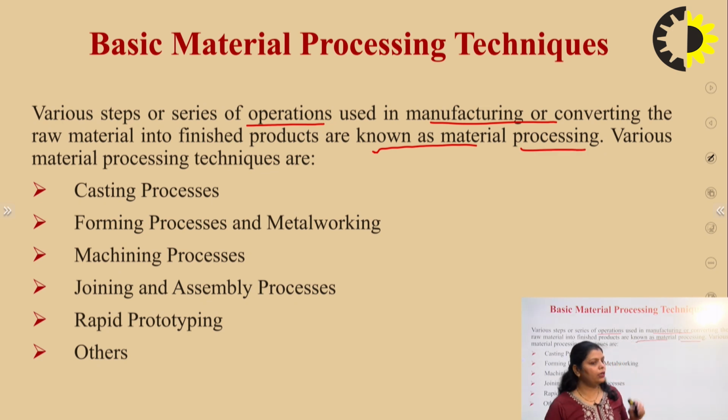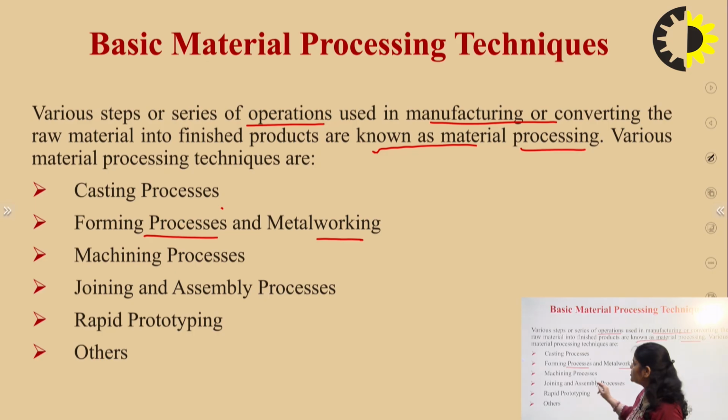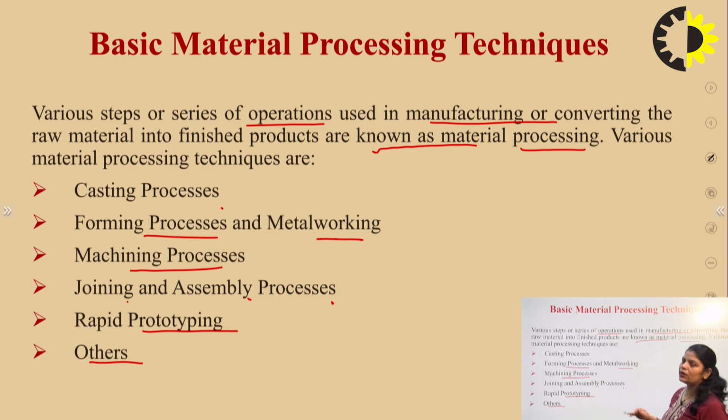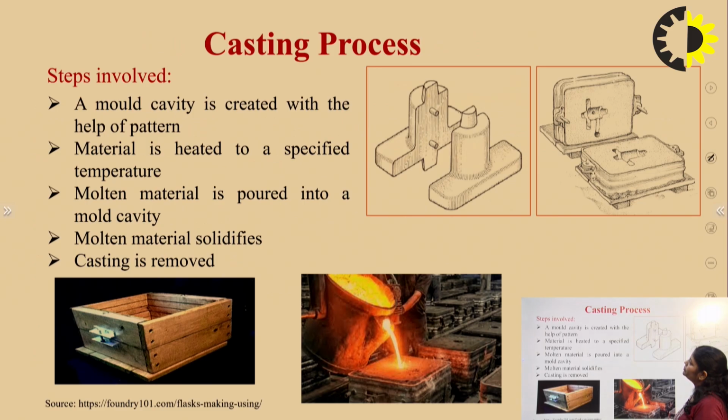The different processes are the casting process, forming and metal working processes, machining processes, joining and assembly processes, rapid prototyping, and other types of processes. We will discuss all these processes one by one in the coming slides.